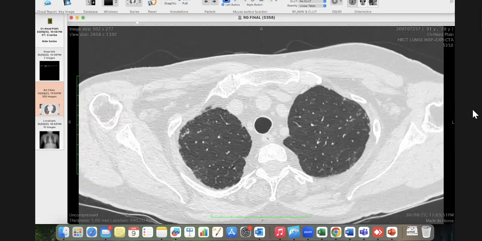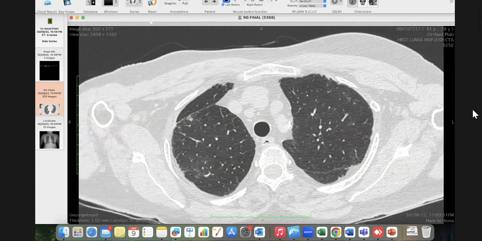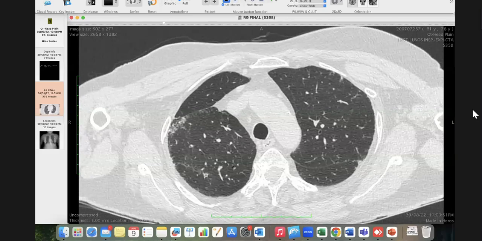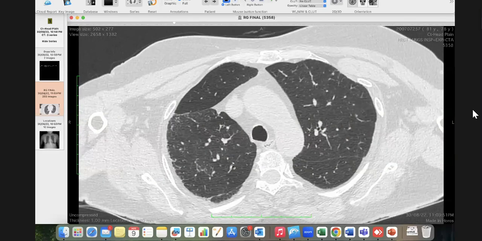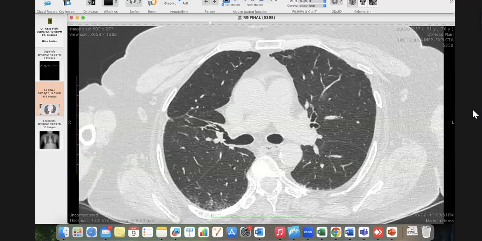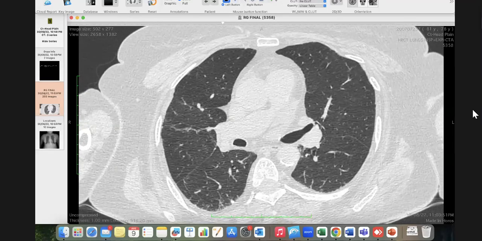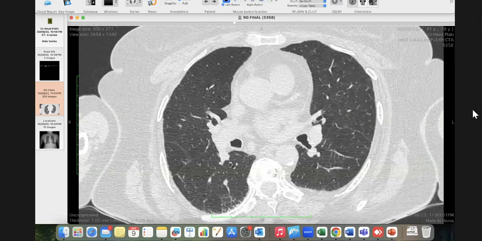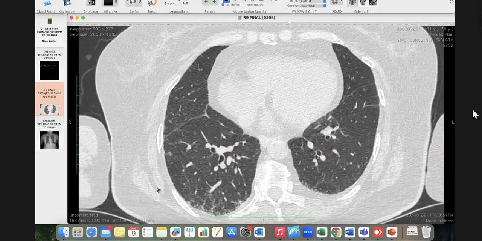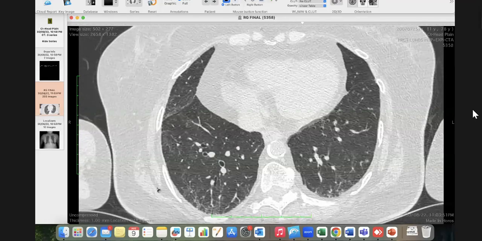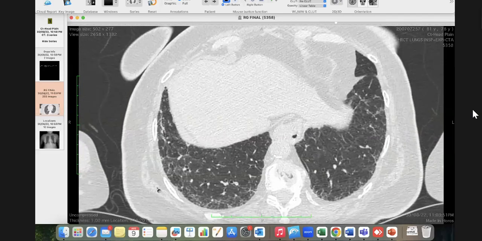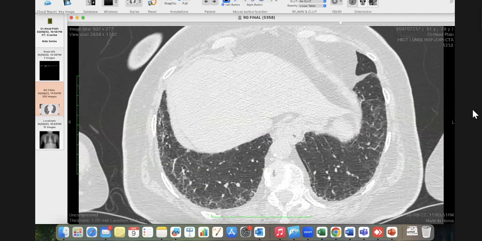So again, I'm scrolling down and I see some subtle reticular opacities in the subpleural region, more on the right side. Some here as well. And then as I go lower down, I am almost certain that yeah, I'm seeing reticular opacities, maybe a bit of traction bronchiectasis as seen out here.